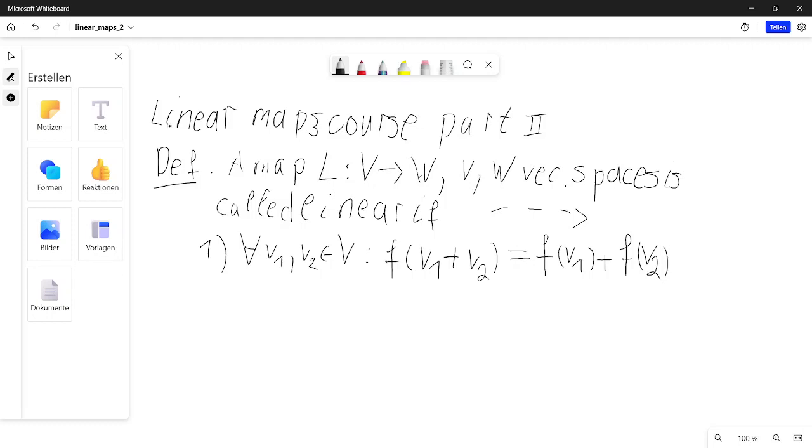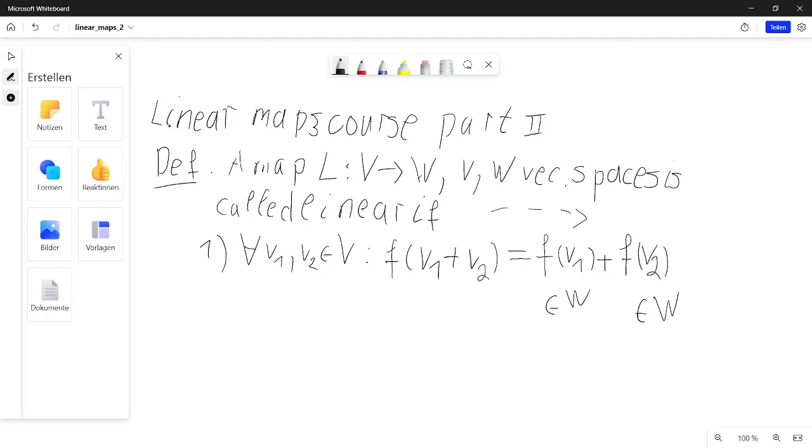So this thing is in W, just by definition of a map, it goes to W. And this sum is of course the sum in W, not the sum in V anymore, even though we denote it by the same sign plus, because it would be a hassle to always introduce new symbols for operations with the same meaning on different vector spaces.